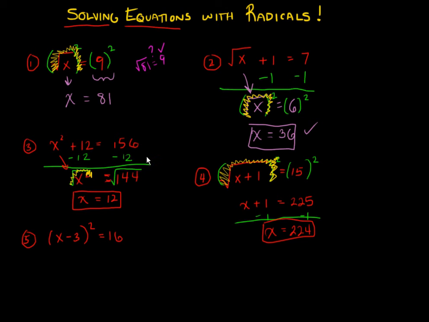Okay. So we've got the square is by itself. There's nothing on the outside of that square. It's just this thing inside being squared. So to get rid of that square, since we can't add 3 to both sides, we have to get rid of the square first. To get rid of the square, we do the opposite. So square root both sides.